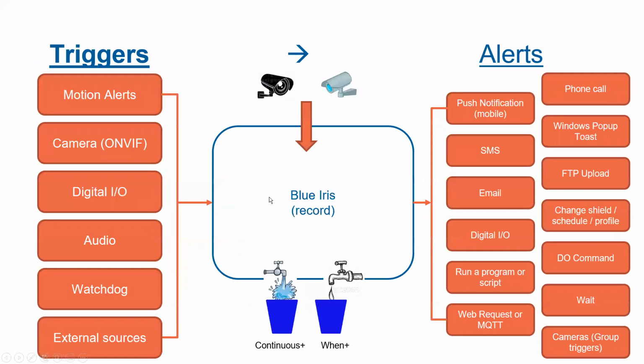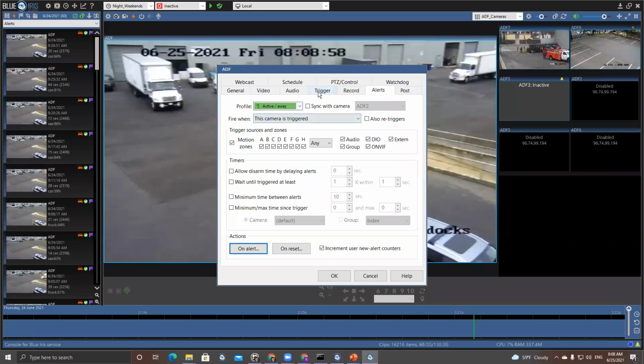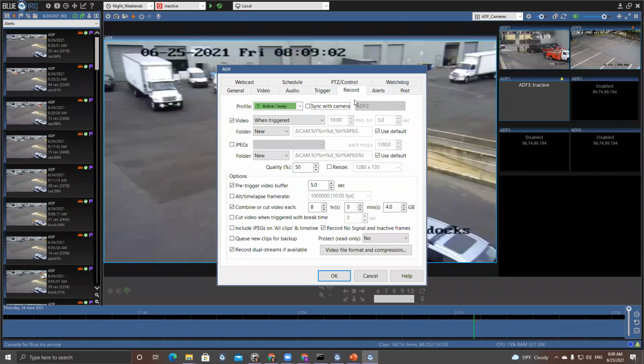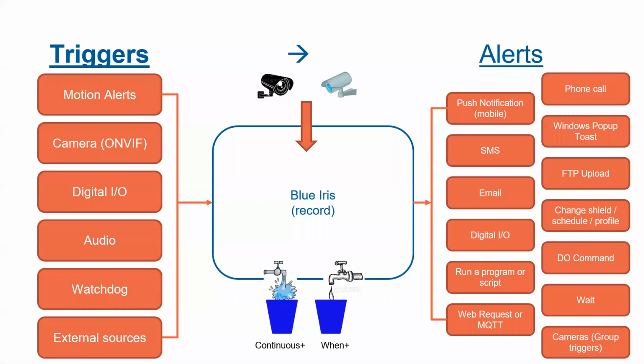Okay, and then the other big thing. We talked about the triggers and the alerts and how you connect the wiring between the two. Now we're going to talk about the important tab in the middle, recording. You want to record what's on your cameras when you find things of interest. That's this middle part, the workhorse of Blue Iris, where it takes all your cameras from 0 to 64.